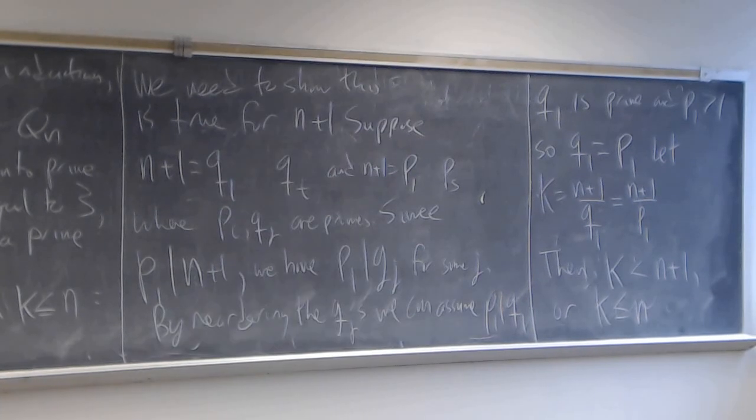And again, this is where the strong form of the induction hypothesis comes in. If it was just weak induction, the only thing we would be allowed to assume for the inductive step is that n is factored into primes uniquely. But with the strong form of induction, we're able to assume any integer less than or equal to n is factored into primes uniquely.